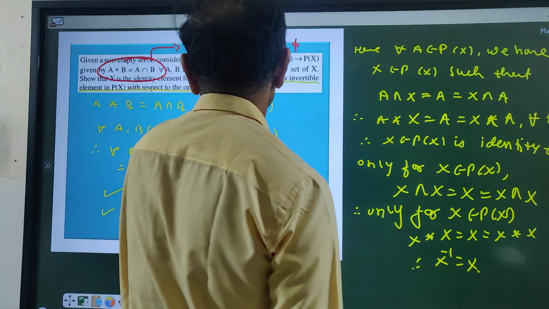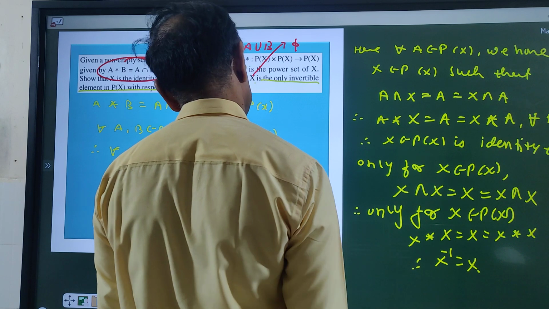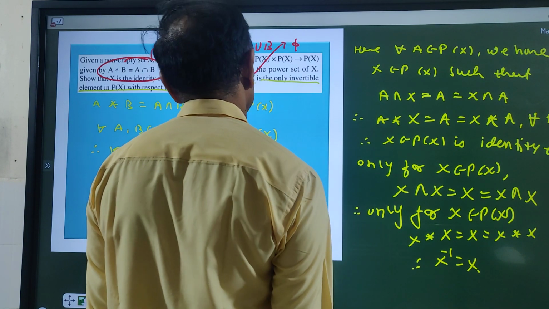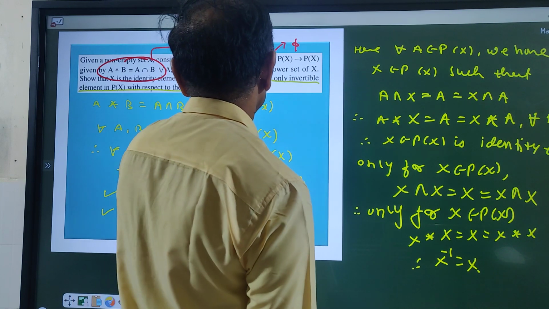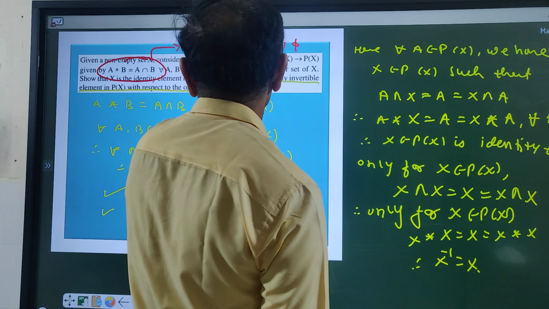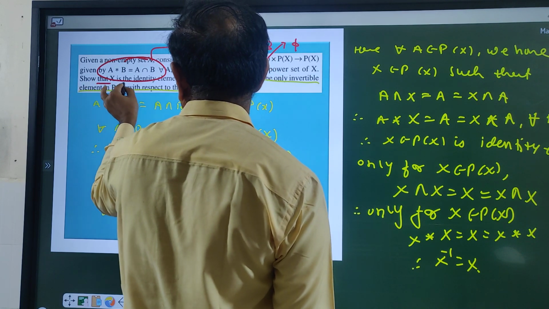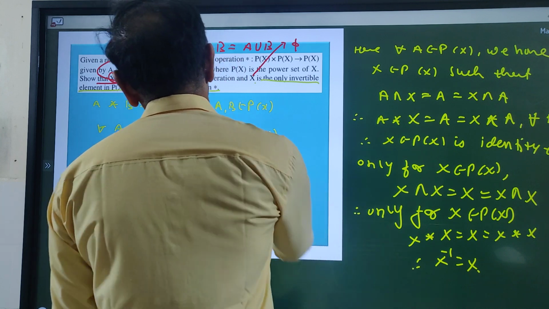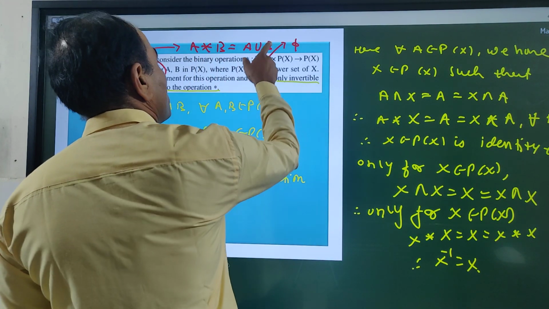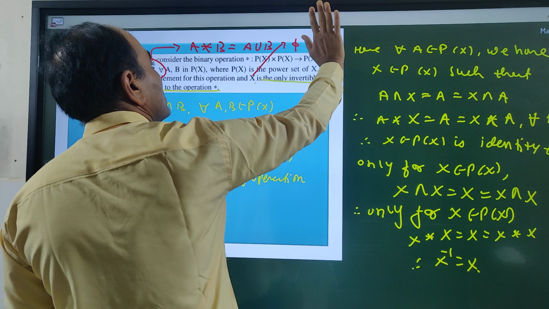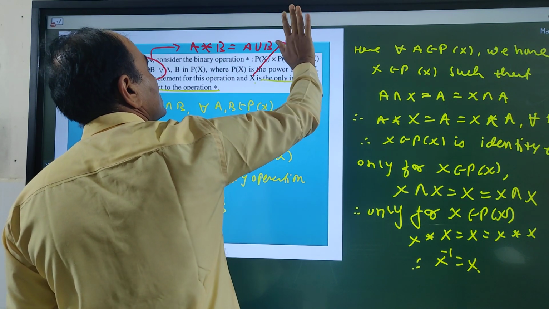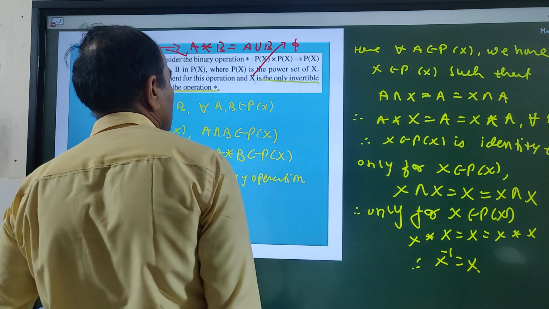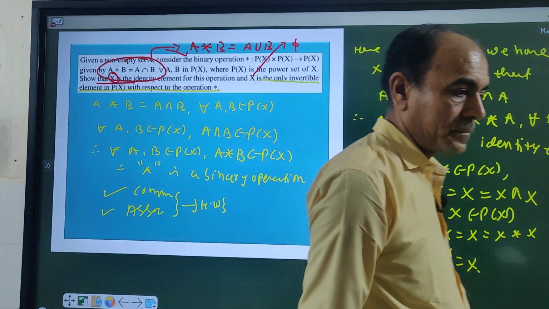Sorry, null set is the identity element. And you can find the inverse also, but only in place of the set; that means the same sum is not there. The null set is the identity element for an operation of this kind, and also find the inverse of those sets for which an inverse element exists. So for A star B, that thing I am going to leave for you.